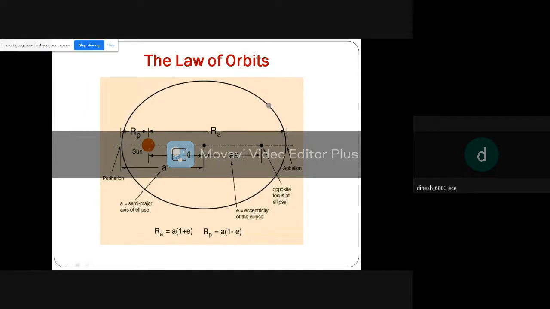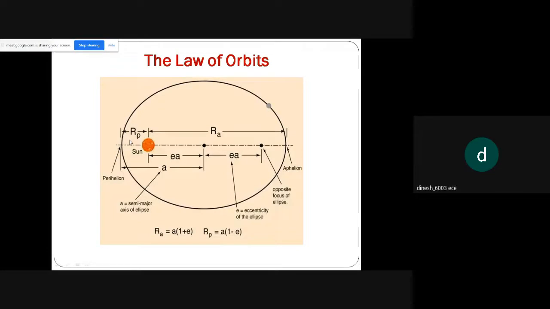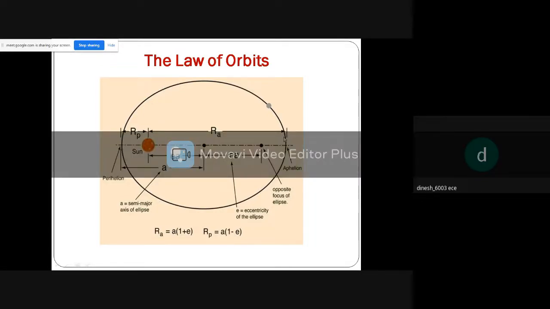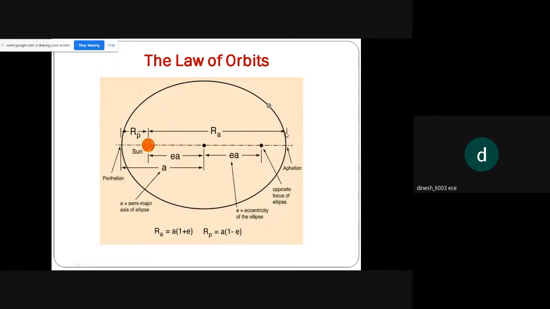The distance from the sun to the nearest point is RP, and from the sun's point to the farthest point, as you can see from the diagram, to the other end, is denoted as RA.